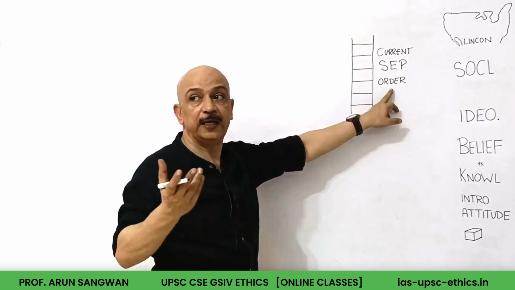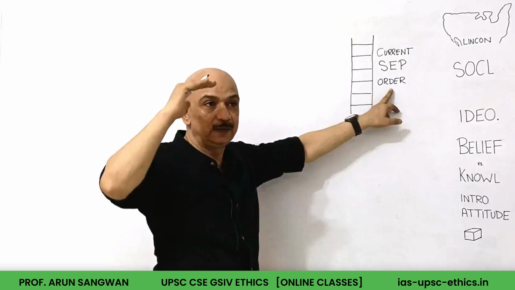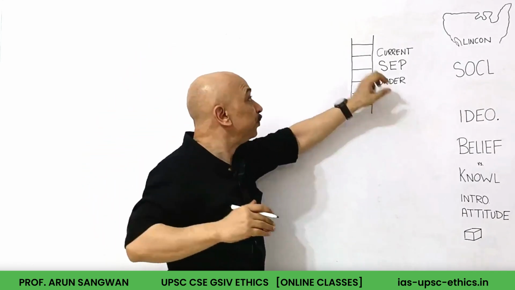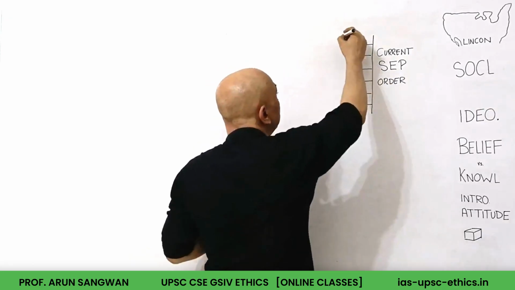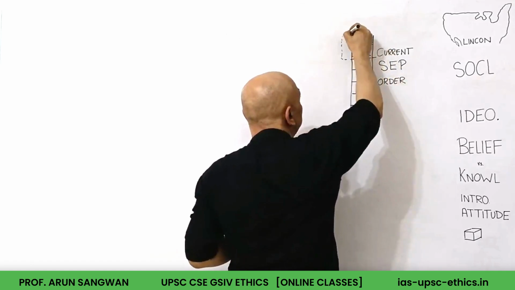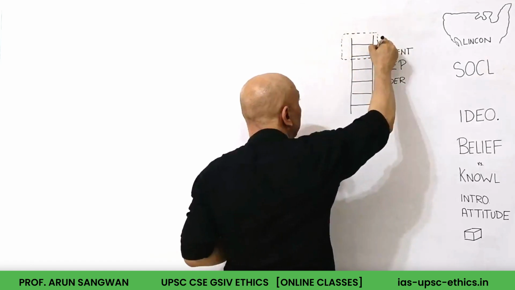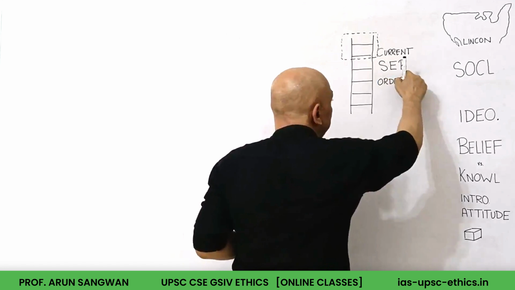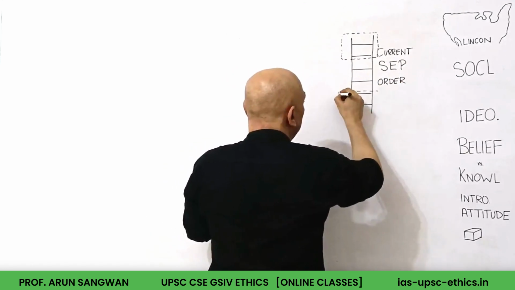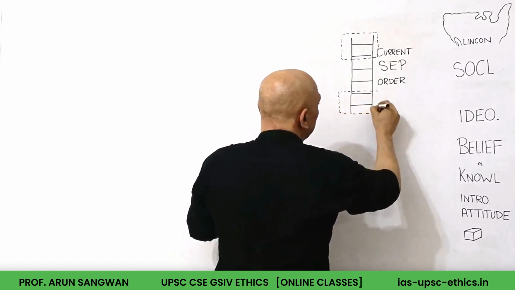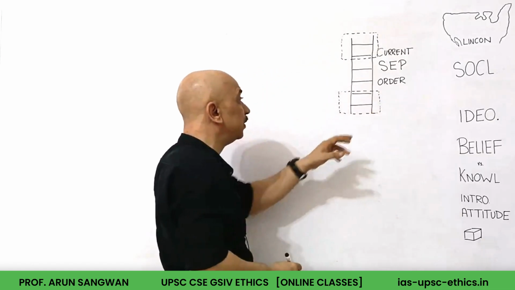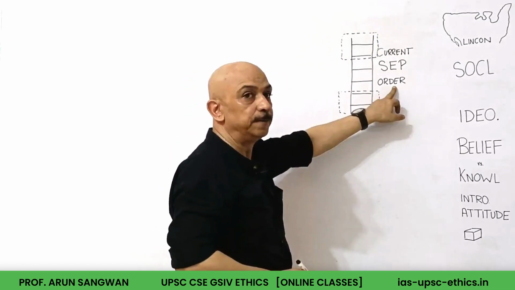Order is also arrangement. That means these classes are arranged in a particular manner. There are some people who are the largest beneficiaries of the current SEP order. Some of them are the least advantaged or the minimum beneficiaries of the current order.